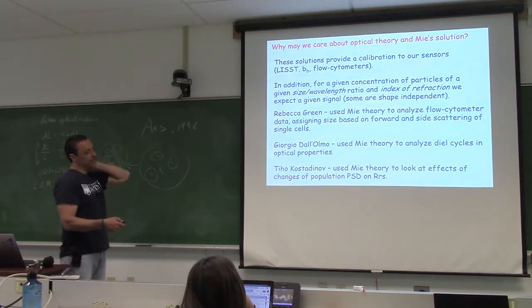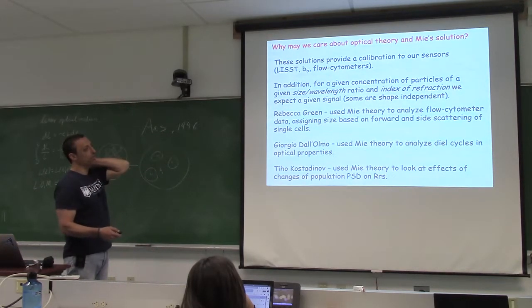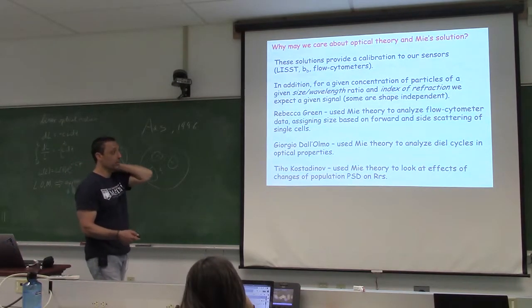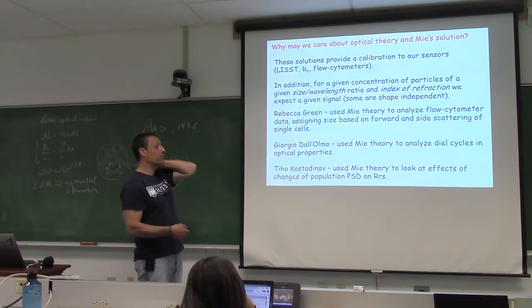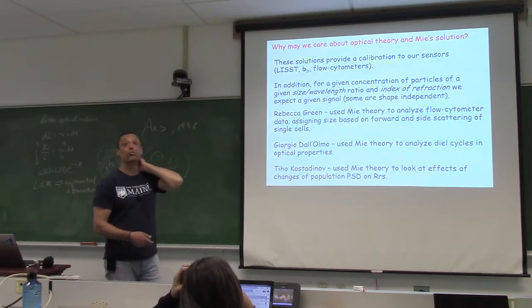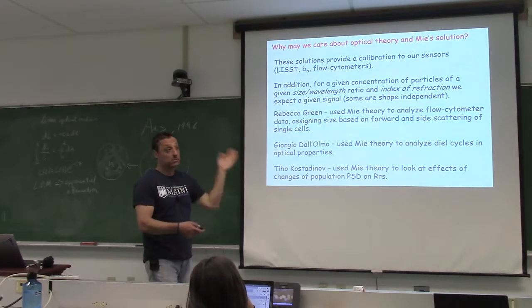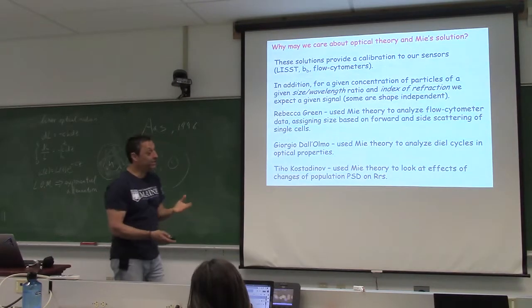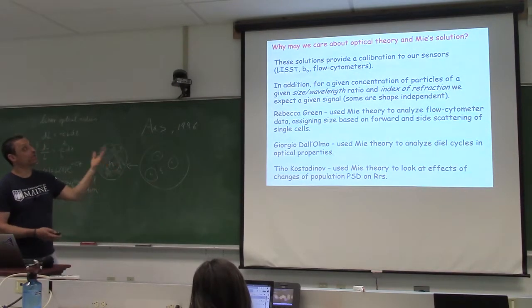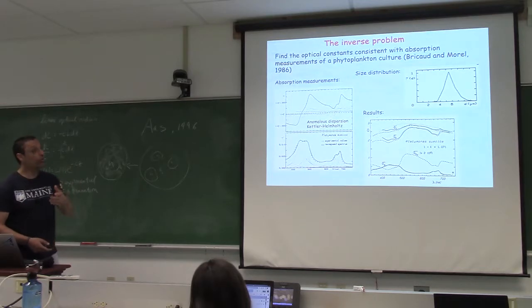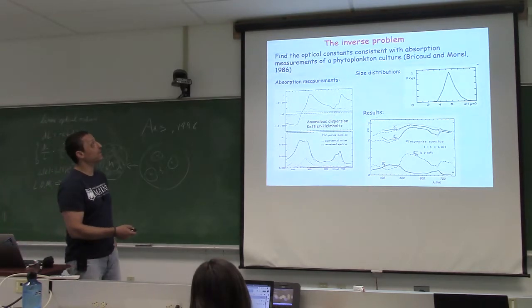He's a scientist now in England. He used Mie theory to analyze diel cycle in optical properties, and Theo Kostadinov used Mie theory as part of his thesis to look at the effect of change of population size distribution on remote sensing reflectance. So you can argue whether it's the right theory to use, but people have used it and learned, and used the codes that you're going to get to do exactly that.